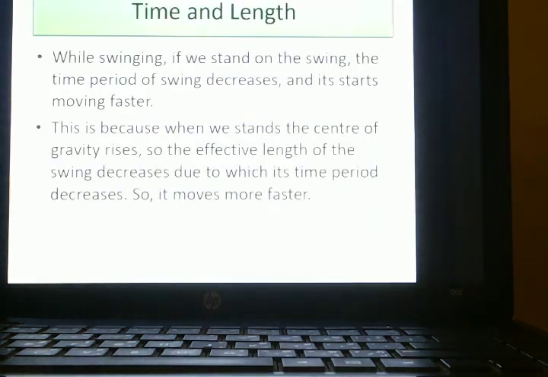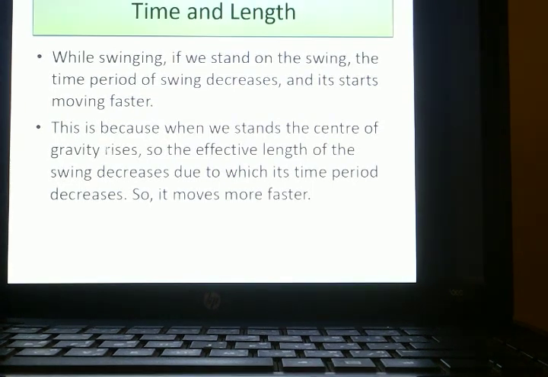This is because when we stand, the center of gravity rises. Center of gravity means what? Each and every body has a center of gravity. You can take a scale and balance it at a single point, that is the center of gravity. Whenever a person is sitting, the center of gravity is lower. Whenever the person is standing, the center of gravity rises.